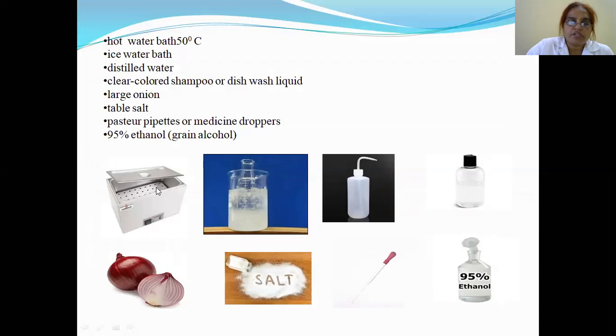And another one is water bath, ice water bath, distilled water, clear liquid shampoo or detergent, large onion, salt, 1 pasteur pipette, and 95% ethanol. These are the chemicals and things required for the isolation of the DNA.